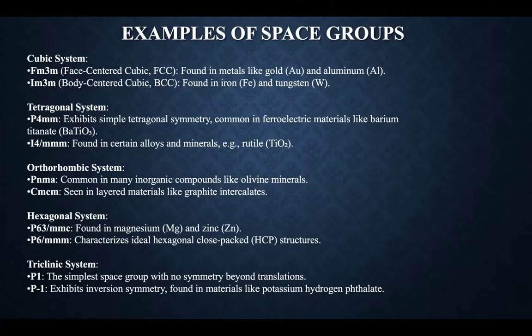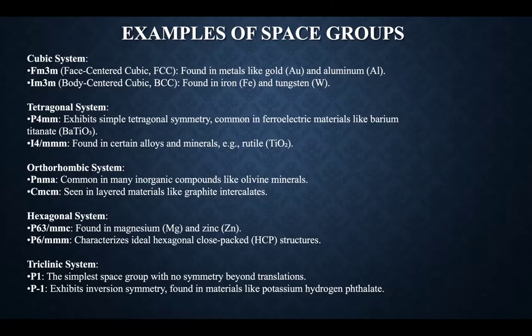Orthorhombic systems are common in many inorganic compounds like olivine minerals, and Cmcm is seen in layered materials like graphite intercalates. In hexagonal systems, P63/mmc is found in magnesium and zinc, whereas P6/mmm characterizes the ideal hexagonal close-packed structure.